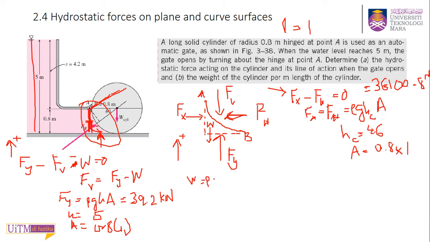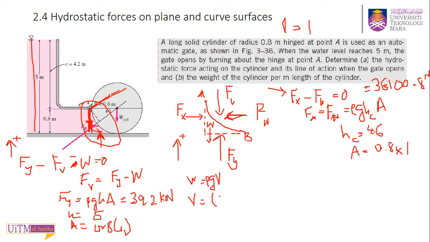Okay, rho g V. So how do you find the V? Minus the cuboid. Sekejap. This here. Betul. So what's the value for the cuboid? The cuboid, minus the quarter circle cylinder. Okay, what's the value?